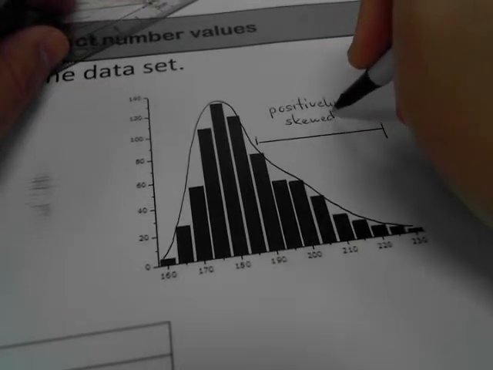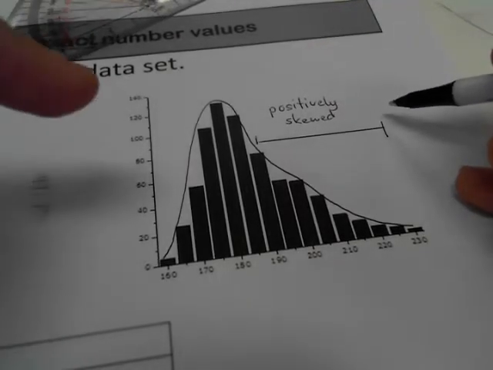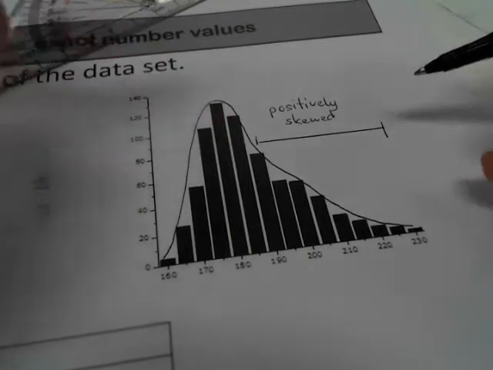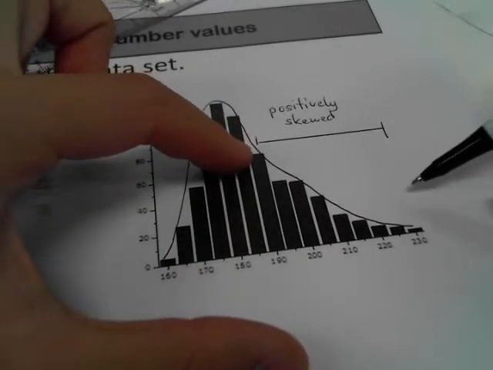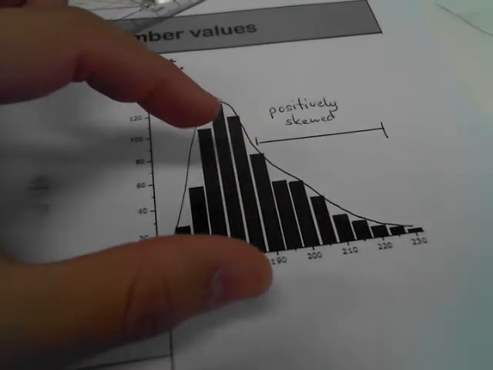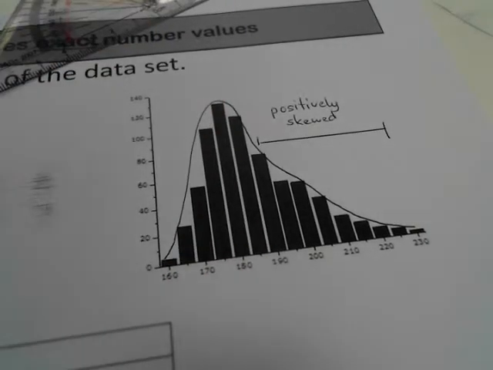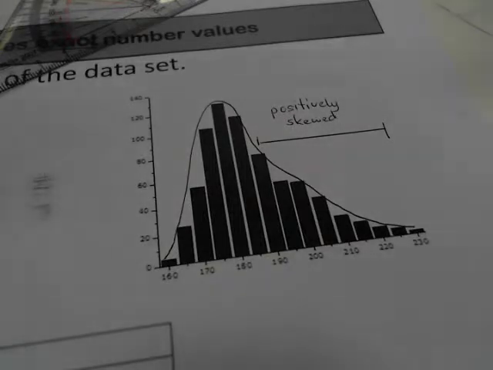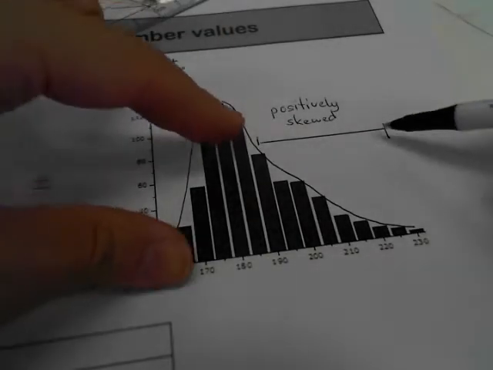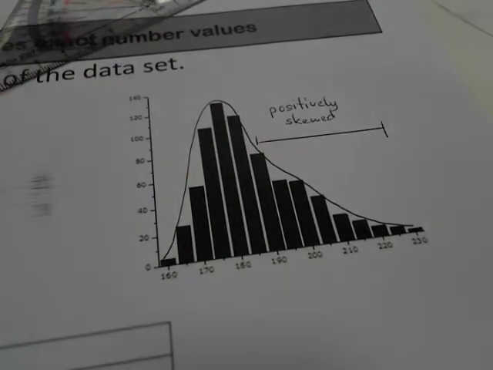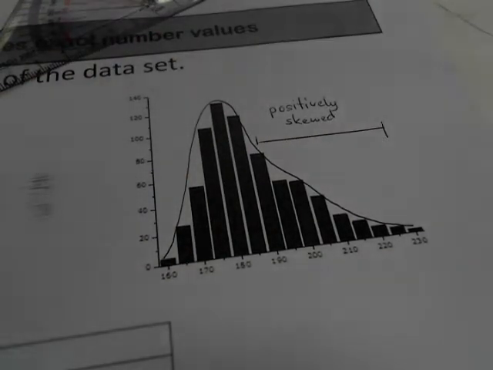Positively skewed means you will have this little bit at the end here, or the column graphs sort of coming towards, sort of dragging on. It's not that perfect world you see in statistics, but as you can see, it's being dragged on. So this is positively skewed. How do we differentiate between positively skewed and negatively skewed?